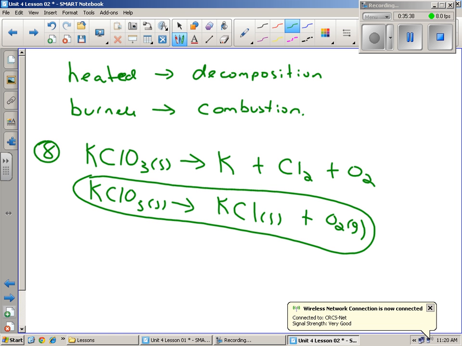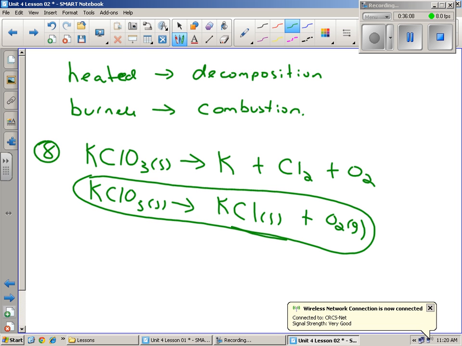When you look at potassium chlorate, it's potassium and chloride and oxygen, really. Well, potassium and chloride make a very good ionic compound. They're stuck together pretty darn well. What's the easiest thing to get rid of out of this compound? Oxygen, because it's a gas. So the first thing that's going to happen when you start to heat this is the gas is going to leave, and it's going to leave you with potassium chloride.